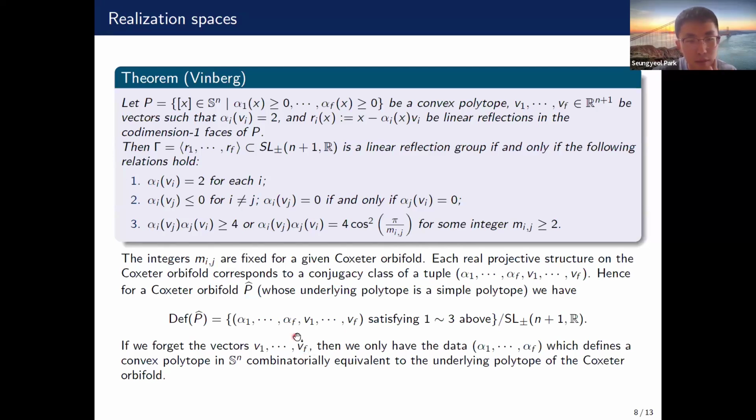More precisely, if we take an element of this deformation space and forget the eigenvectors, we obtain the data of linear functionals, which defines a convex polytope inside Sn. That convex polytope is combinatorially equivalent to the underlying polytope of this Coxeter polytope P.